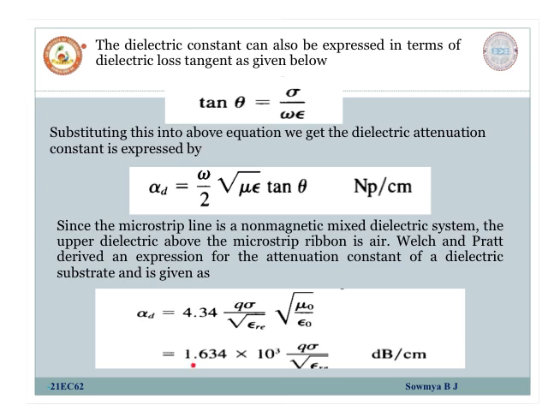This can also be written as 1.634 into 10 power 3 q rho divided by square root of epsilon r e dB per centimeter.